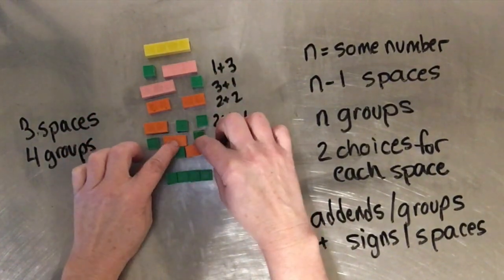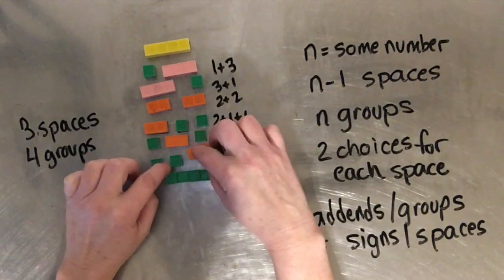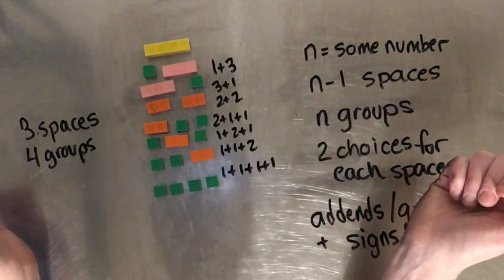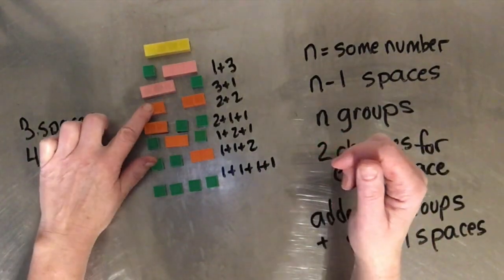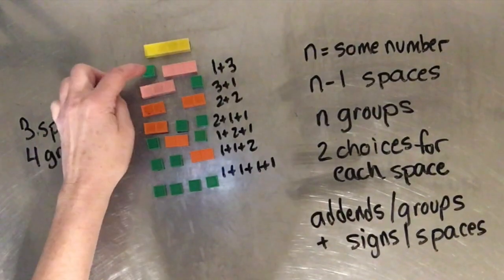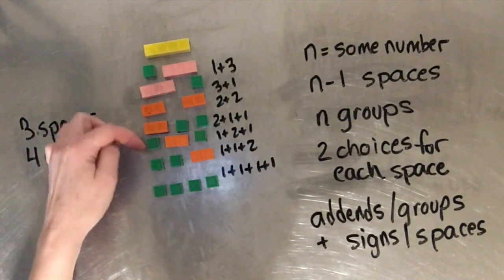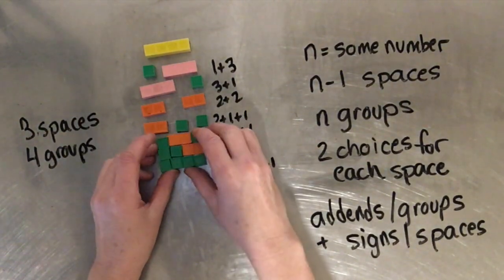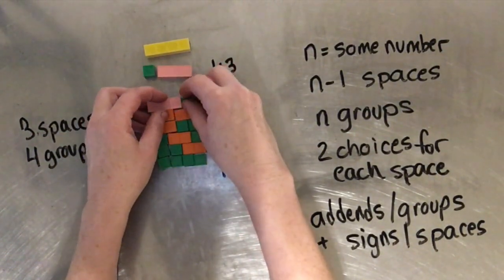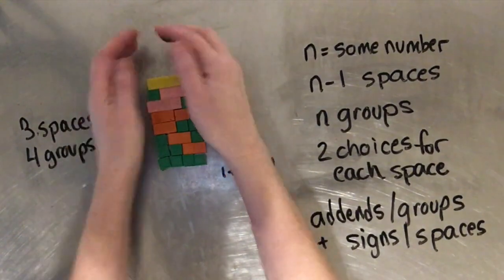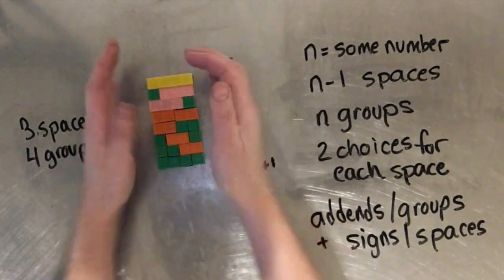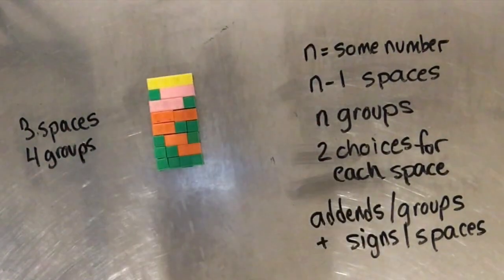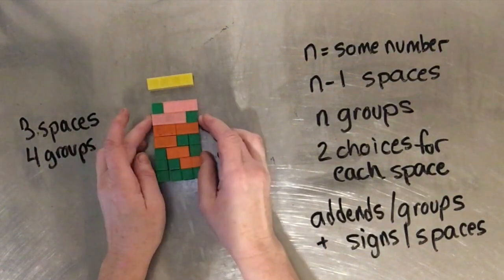So do you need to introduce them to this approach by using the ones only? No, you don't even need to bring the ones into it to teach them this way. I've used the ones to show you that you have spaces and groups. You don't necessarily need to do that. If they're looking for all the patterns that they can make for the yellow block, which is the number 4, then all they really need to do is think about, at the beginning, 2 blocks, 2 groups, right?